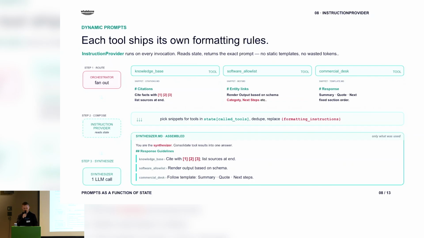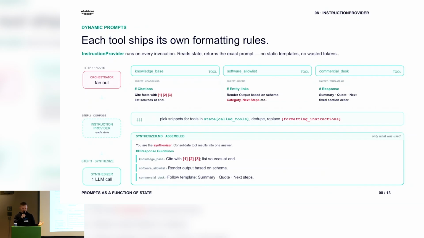If the software list tool was called, we want to render some category structure, everything. And if the commercial desk agent, for example, ran, we want some specific template: summary, quotes, next steps. So basically, you can see in step one, the orchestrator calls those three tools, and each tool wants a different format from the synthesizer as the output.